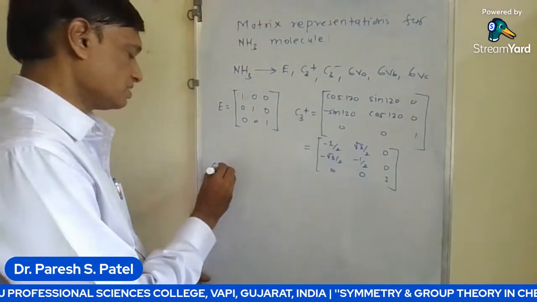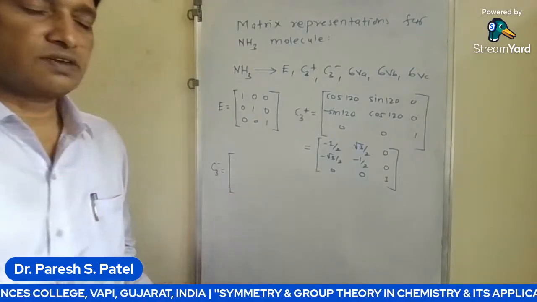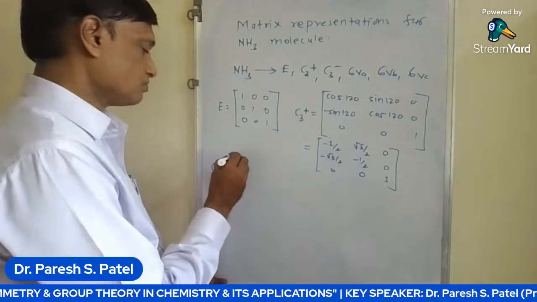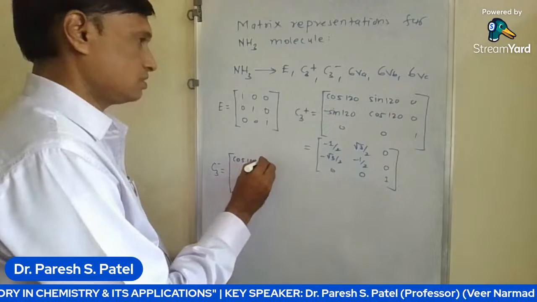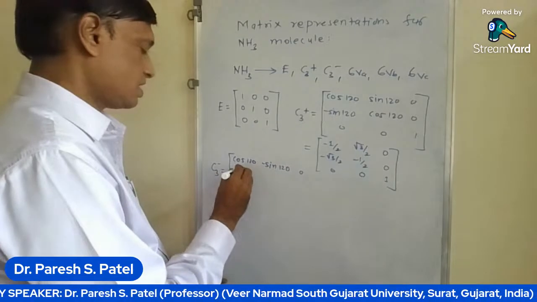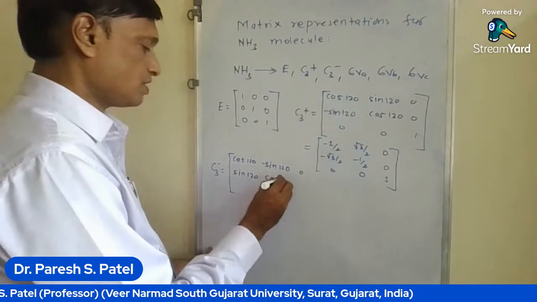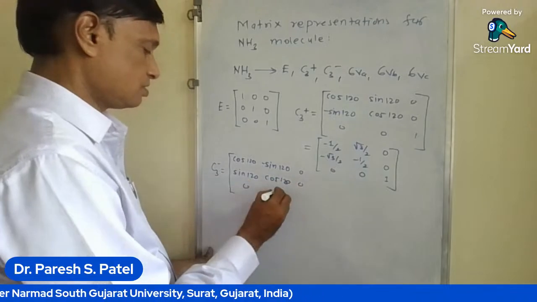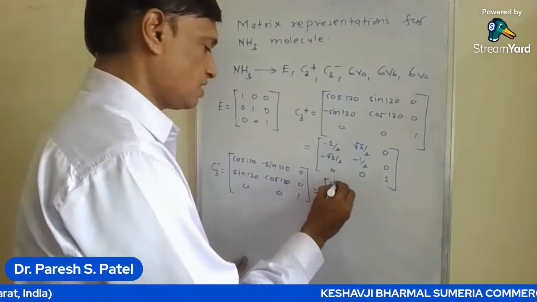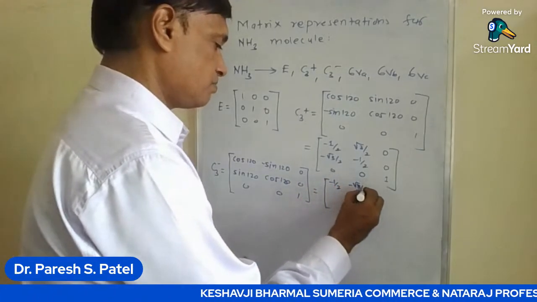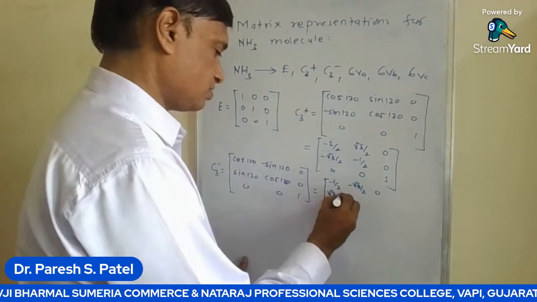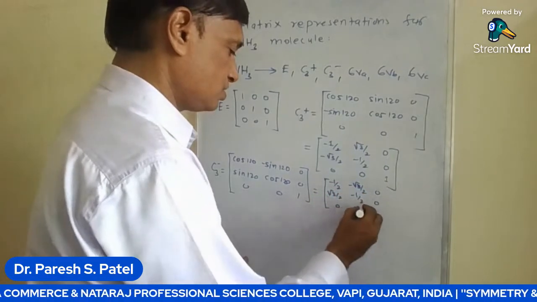Similarly, C3 minus. C3 minus means one-time anti-clockwise rotation by 120. So cos 120, minus sine 120, 0; sine 120, cos 120, 0; 0, 0, 1 is equal to minus 1/2, minus root 3 by 2, 0; root 3 by 2, minus 1/2, 0; 0, 0, 1.